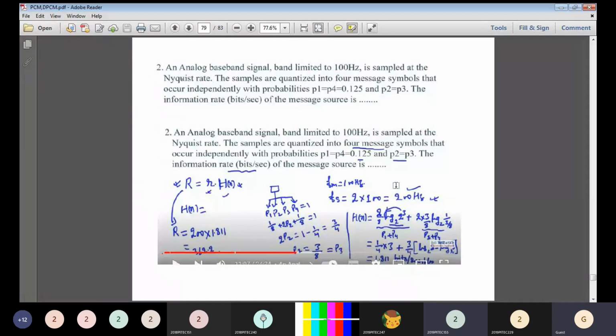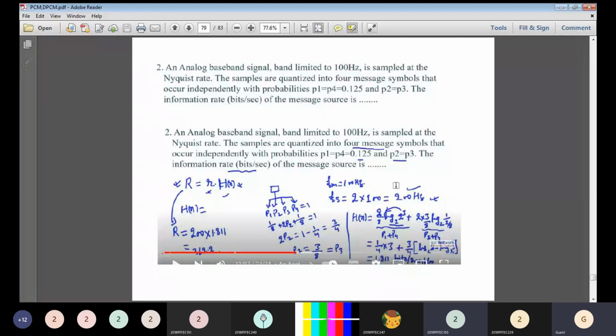The samples are quantized into four message symbols that occur independently with the probabilities P1 equal to P4 equal to 0.125 and P2 equal to P3. Find the information rate in bits per second of the message source. So for the information rate capital R, we have to find out R.